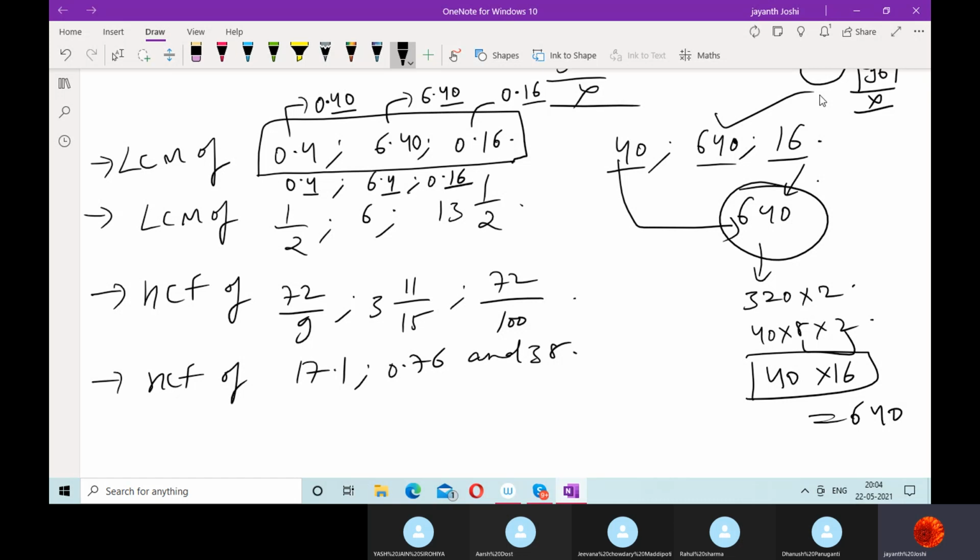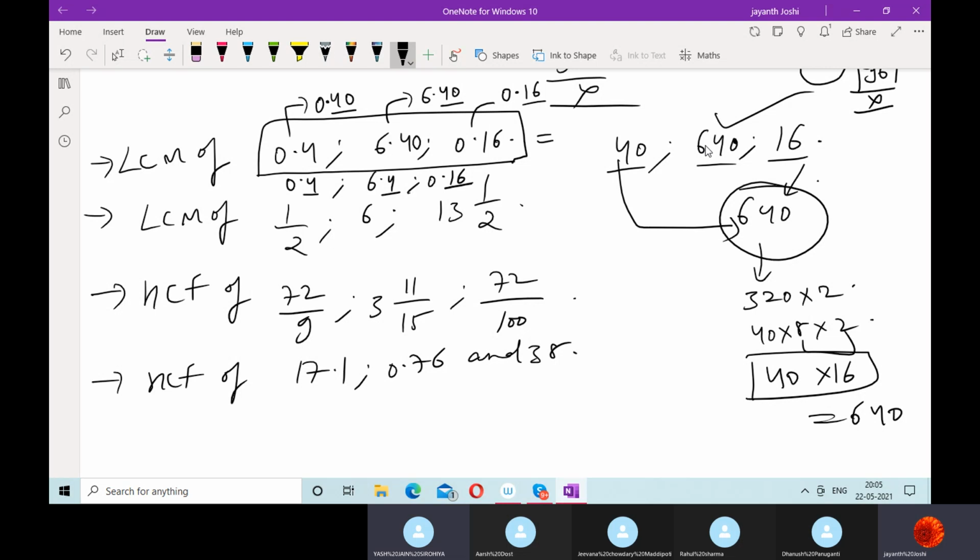This is the LCM. Now, but there is a twist. The answer should also be in decimals. So now, after the decimal, how many numbers are there in all of them? 2 numbers. Now what will I do?